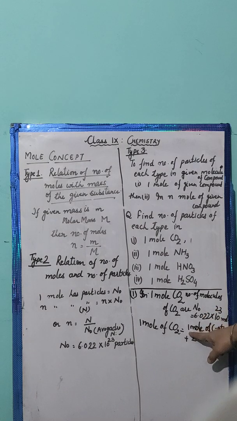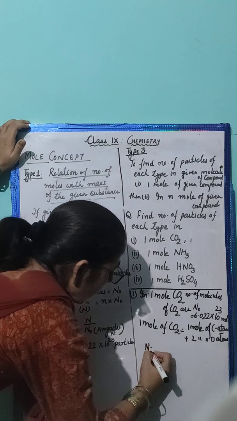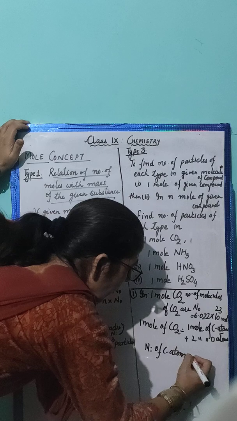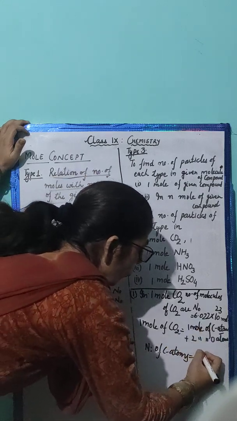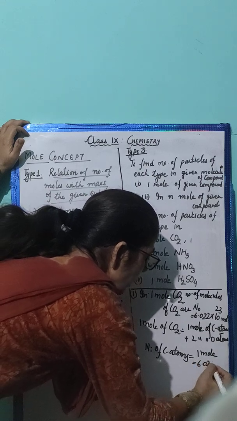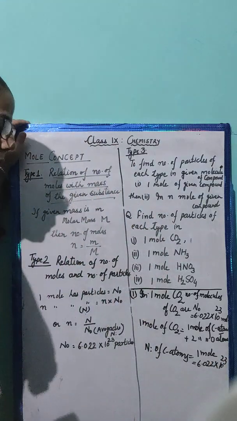But if I am asked how many are the number of particles of each type, means how many carbon atoms and how many oxygen atoms, then the number of carbon atoms will be, because they are 1 mole, 6.022 into 10 to the power 23 atoms.